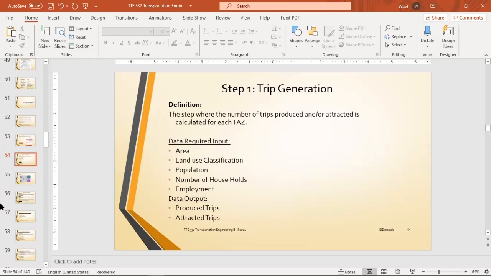So the data inputs are basically the zone area, the land use classification, the population, the number of households, employment, and so on. The outcome from this step will be the produced trips and the attracted trips, the production and the attraction.